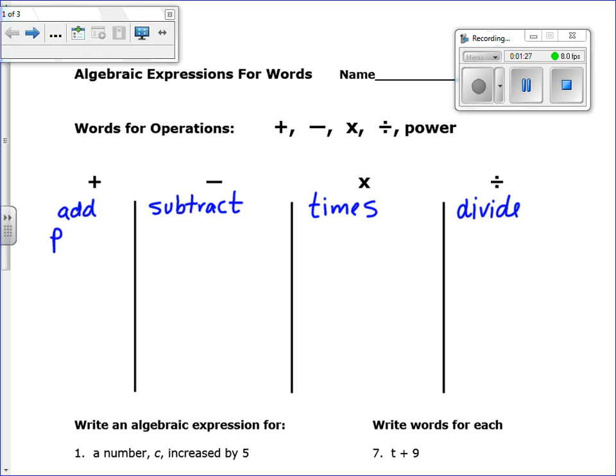So plus, increase. You might have said added to. I'm just going to go ahead and stick with the word add. We could also say in addition to. All right, and there's addition as well. For subtract, I can say minus. Less.